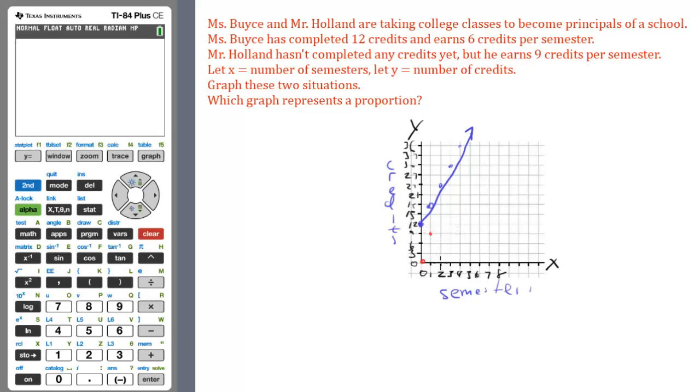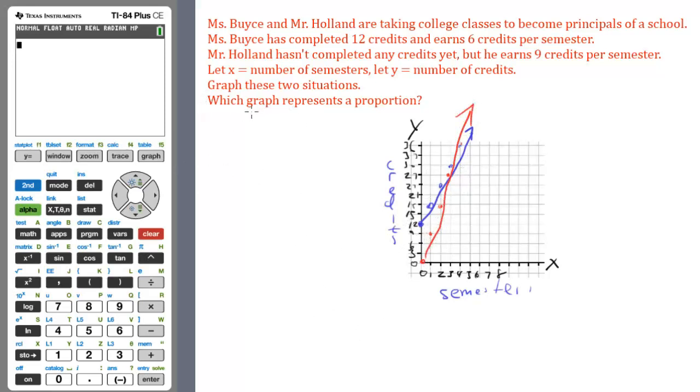Then after 2 semesters, he's going to have 18. Then after 3 semesters, he's going to have 27. I'm just going up by 9 every time. And then after 4 semesters, he's going to have 36. So Mr. Holland looks like that. Okay, those lines aren't exactly perfect, but you get the idea.